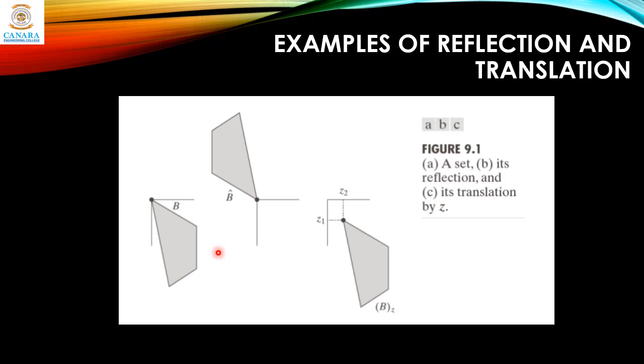This is a set, and its reflection is given as B cap. So this is the set B, and this is the reflection B cap, and its translation is this one, B of Z, moved by Z coordinates along the x and y axis. This is about reflection and translation.